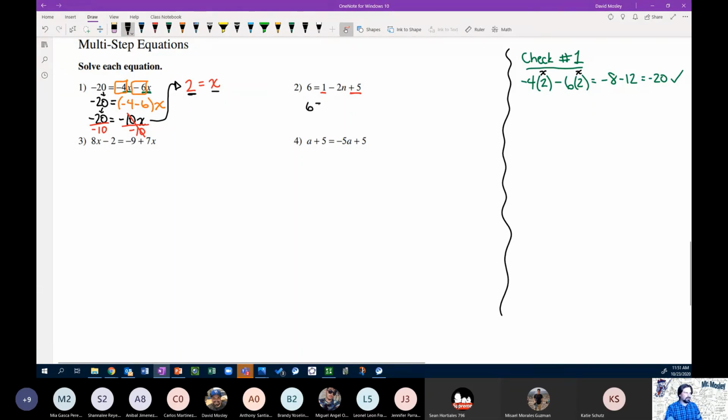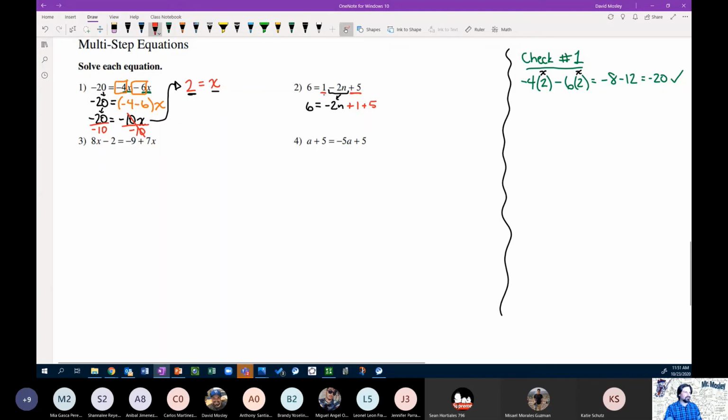We have 6 equals -2n, and that's because this just goes into my setup for the next part. +1 +5.